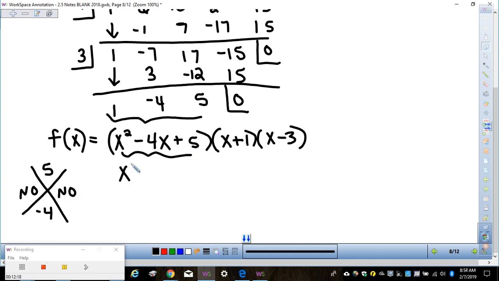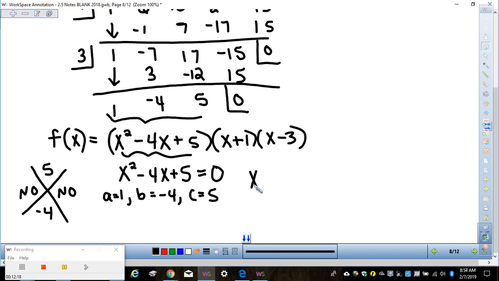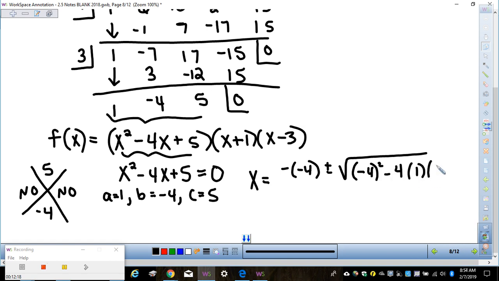We'll go ahead and put it into the quadratic formula, just as we did the last one. And in this case, we see a is 1, b is negative 4, and c is 5. So we've got x equals negative b plus or minus the square root of b squared minus 4 times a times c, all divided by 2a.